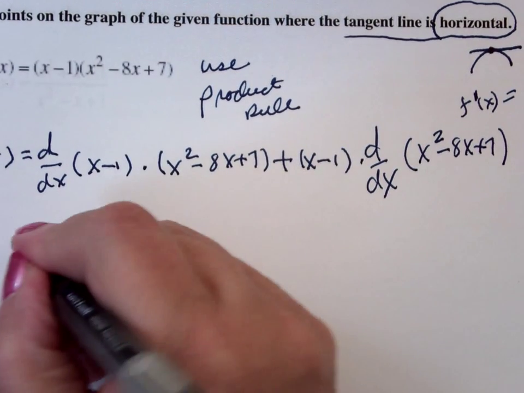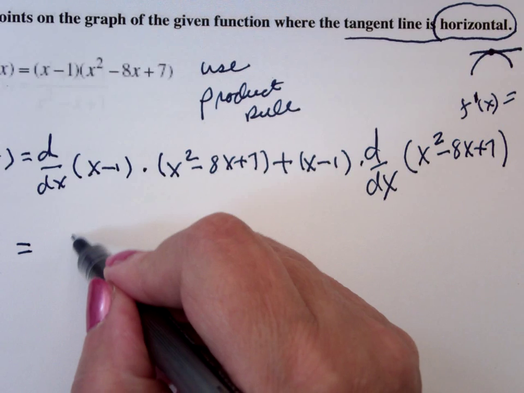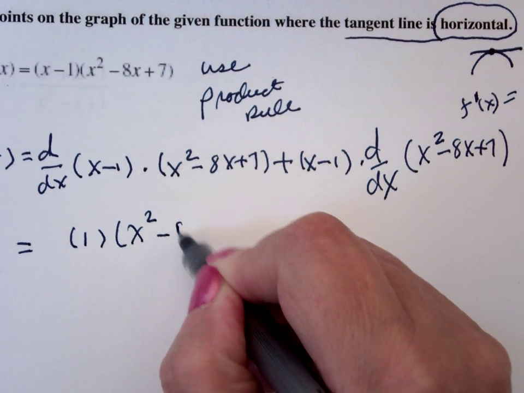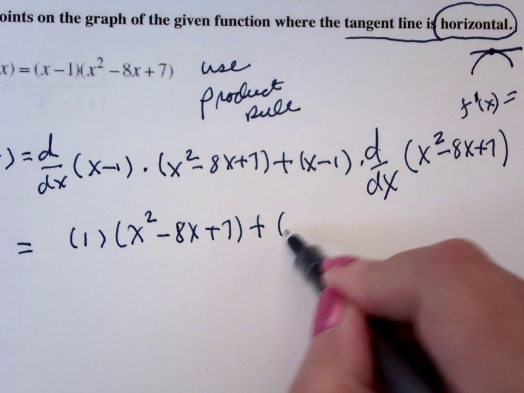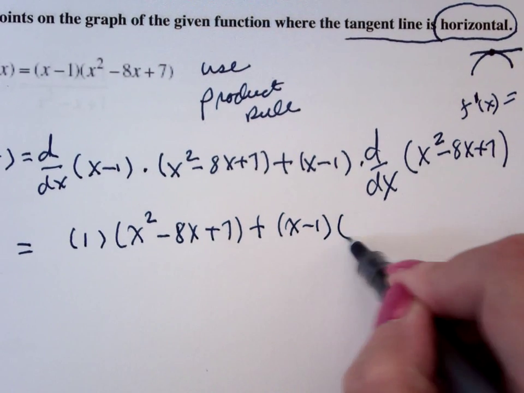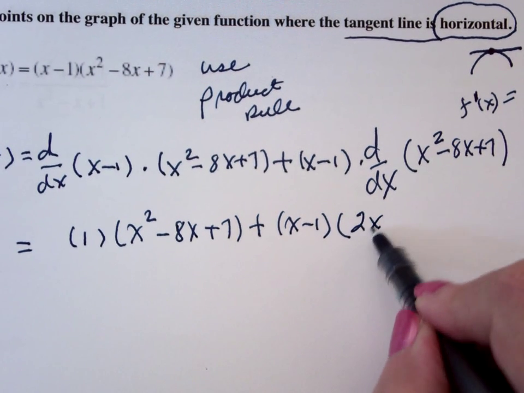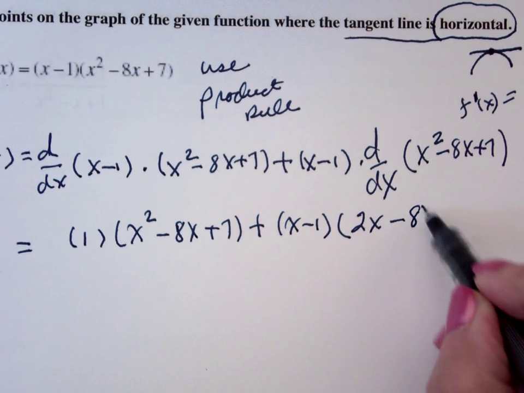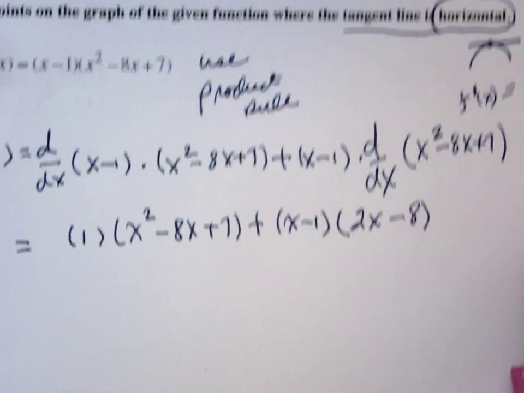So this is the derivative of the first. What's the derivative of x plus 1? 1 times x squared minus 8x plus 7 plus x minus 1 times the derivative of x squared is 2x minus the derivative of 8x is 8, and then the derivative of 7 is 0.